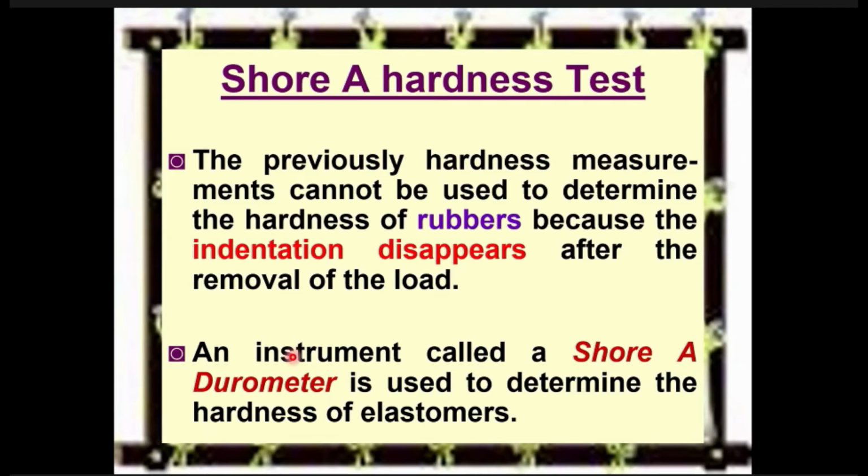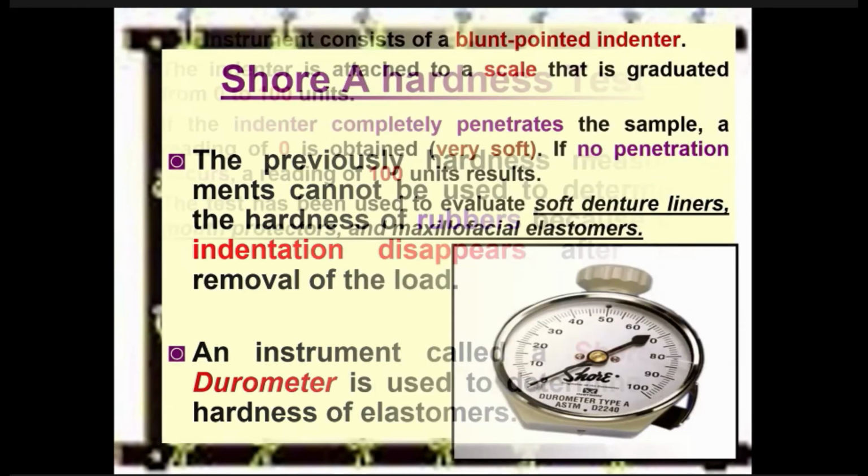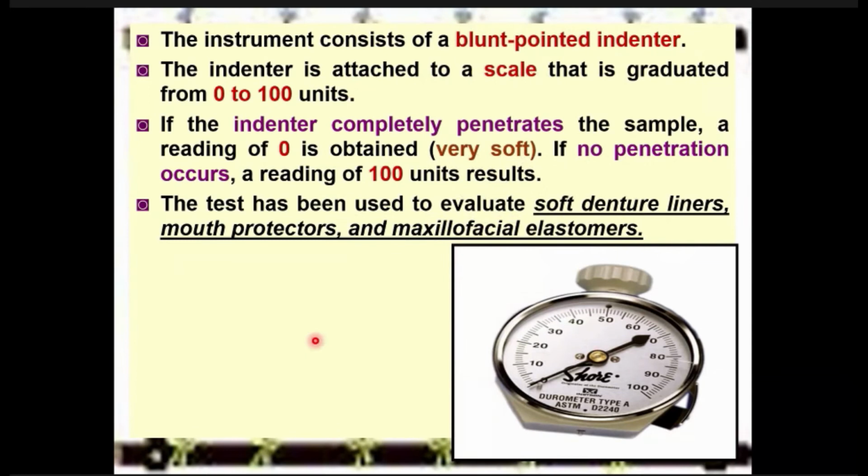So 0 means full penetration and the material is soft. However, if there is no penetration, it will read 100 and give us a hard material. So this ranges from 0 to 100.